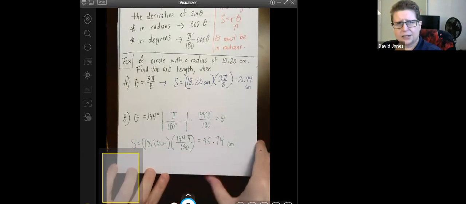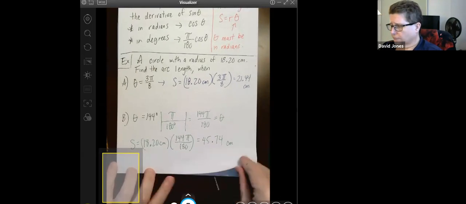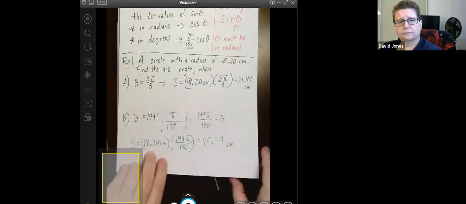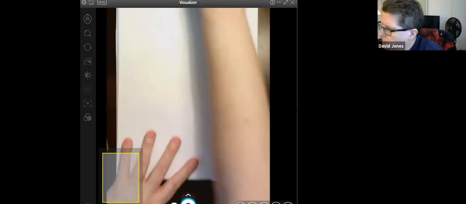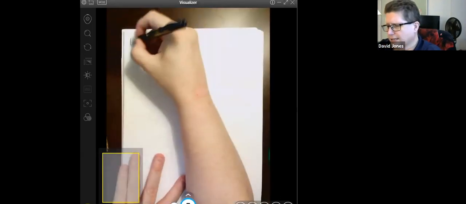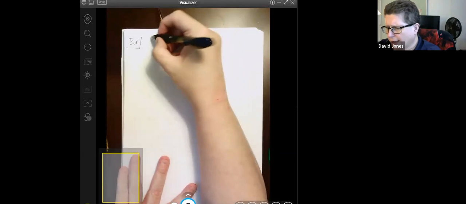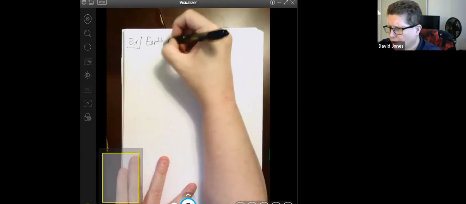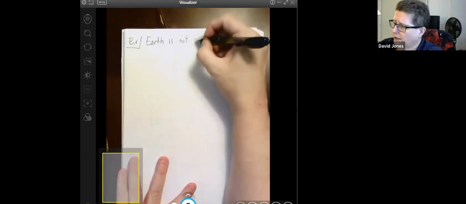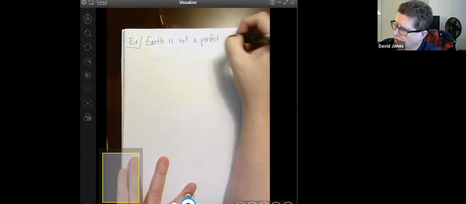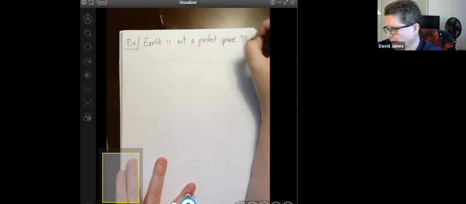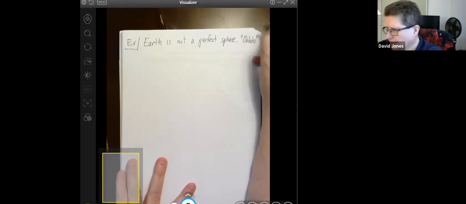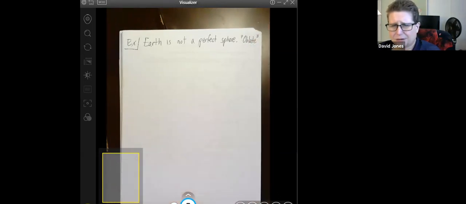Let's do one that relates to us on planet Earth. So pause it if you need to write this stuff down. So our next example, we like to think of Earth as a sphere, but Earth is not a perfect sphere. The term for it is oblate. It doesn't have the same radius every direction you go.